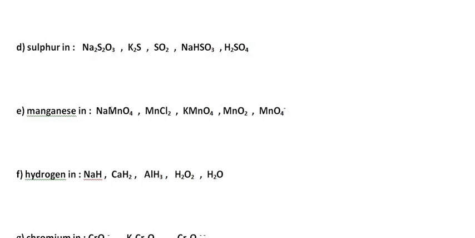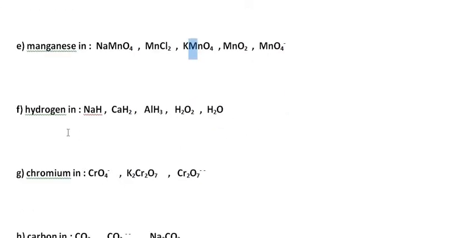Here plus 7, and here plus 2, here plus 7, here plus 4, plus 7. Hydrogen here is minus 1. These are abnormal compounds called hydrides.